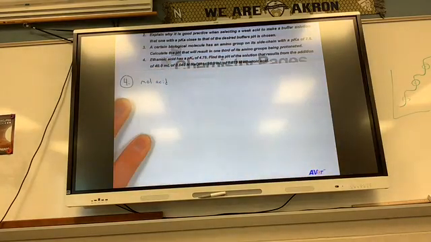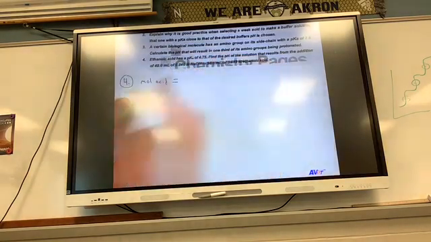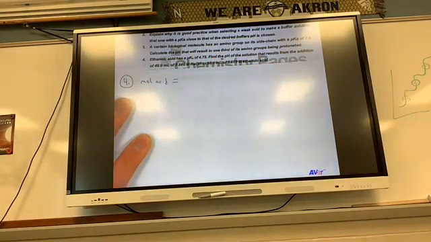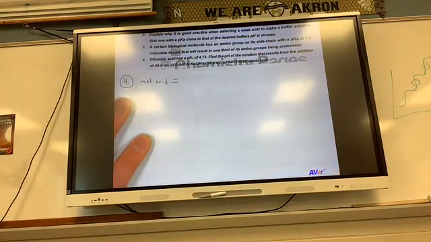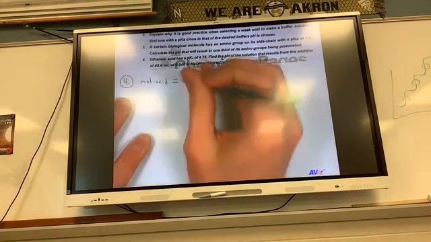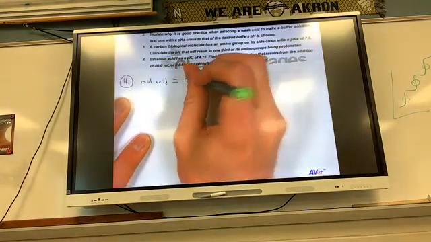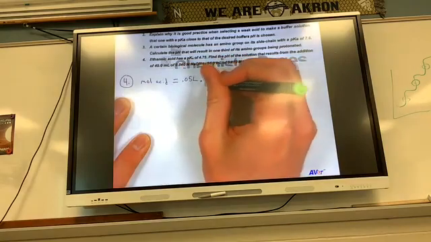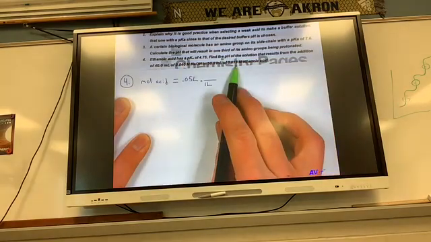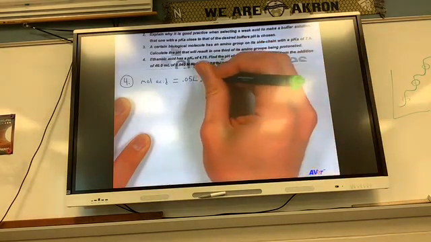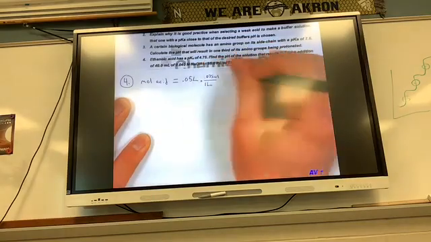You agree that with what they gave me, I could do that? They give molarity and milliliters. So my moles of acid is going to be 0.05 liters times, for every 1 liter, 0.075 moles.